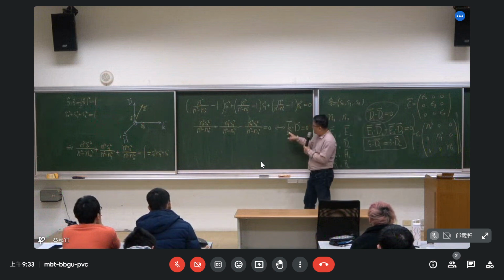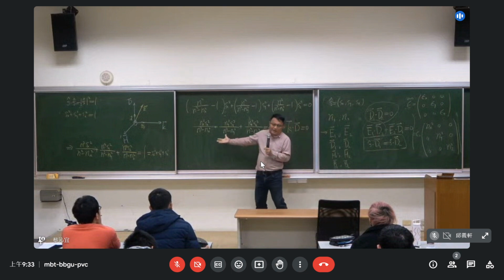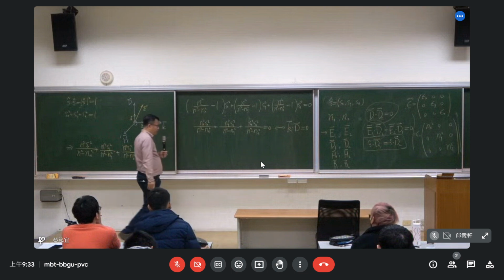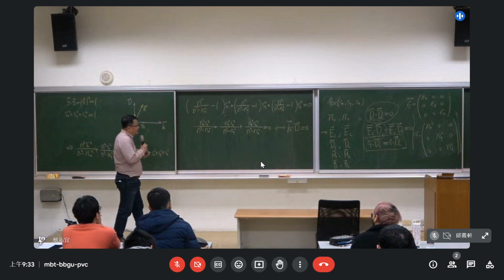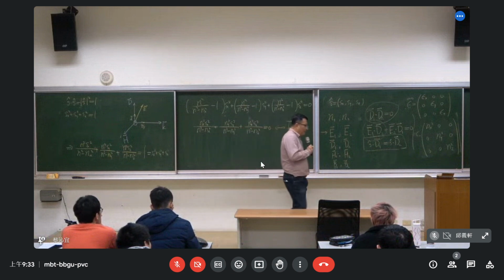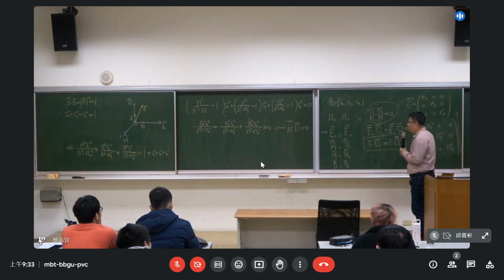And the three components of k are proportional to sx, sy, sz. So finally, I get this result. Okay. So this is equivalent to the so-called Fresnel's equation of wave normals.